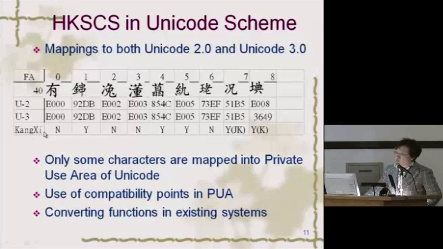And I just added additional information here to show you where these characters might be from. This is a Cantonese character, so it's not from Kangxi Dictionary. This is a Kangxi Dictionary character, somehow was not included in Big Five. So you see these are from Kangxi.